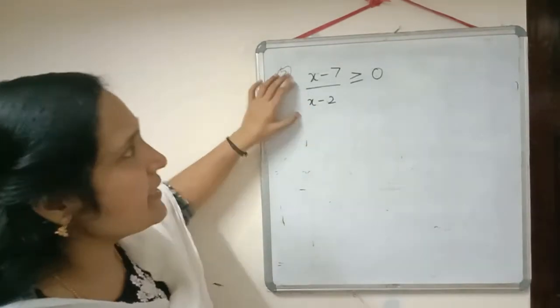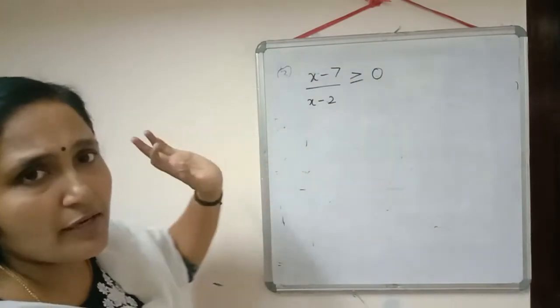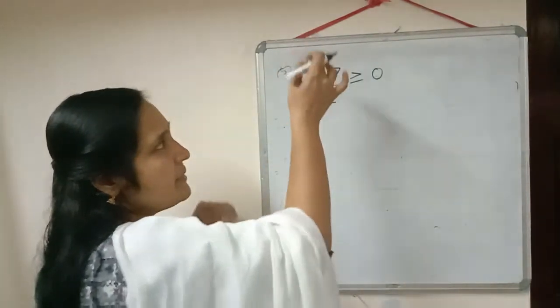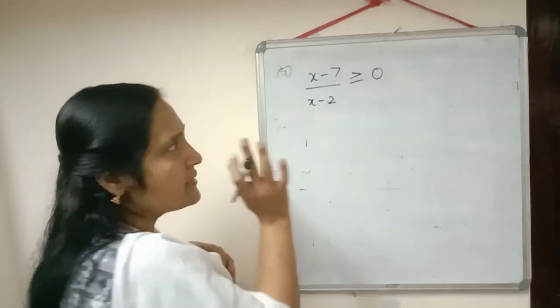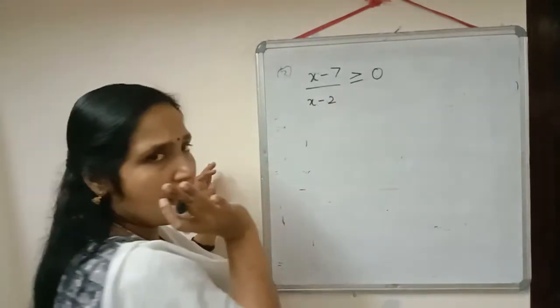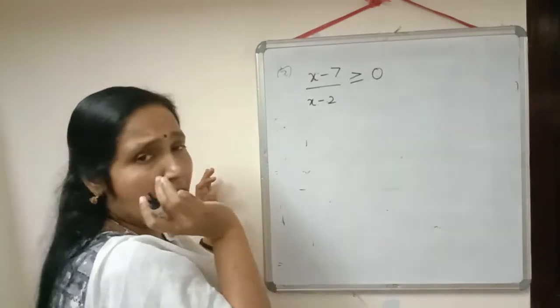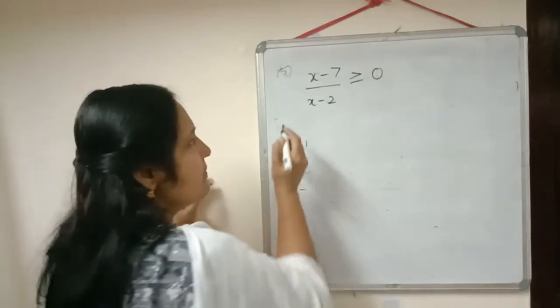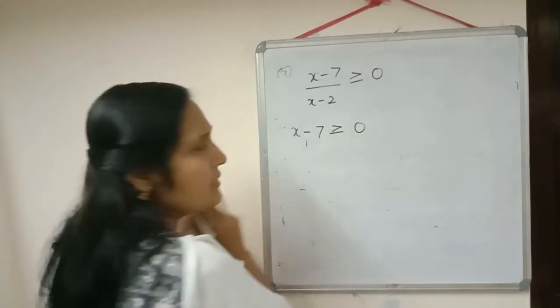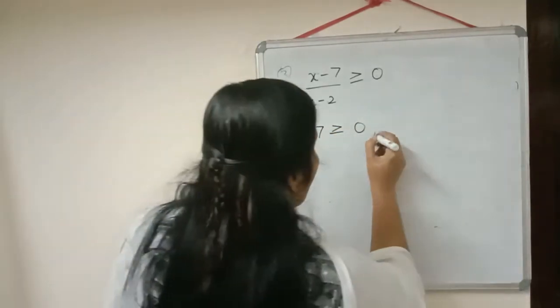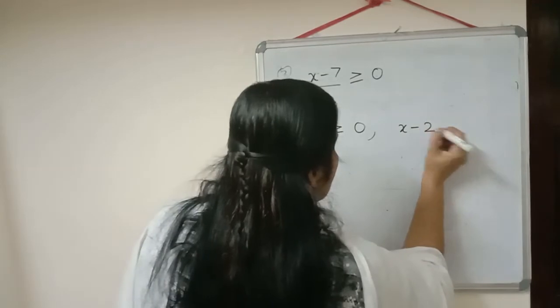So if the rational number can be equal to 0, the only possibility is the numerator should be equal to 0. So the rational number either will be equal to 0 or greater than 0. So the numerator can be greater than or equal to 0, but our denominator should not be equal to 0.